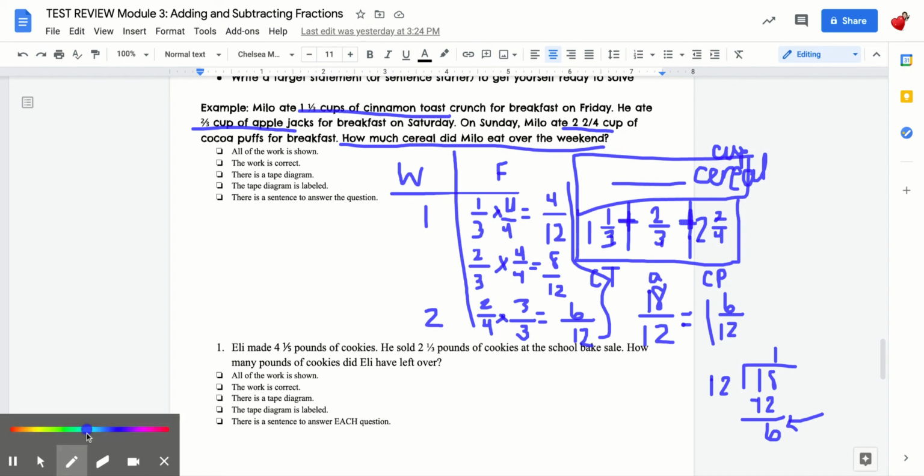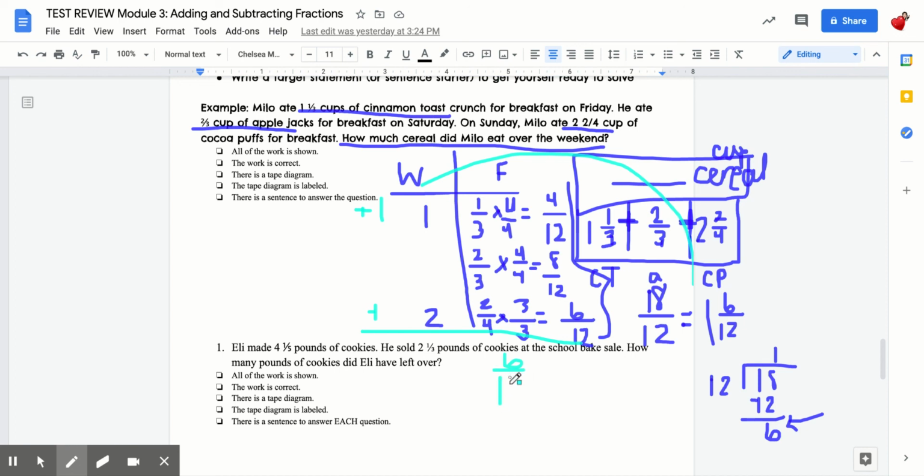So now this is where we can carry over our 1, and don't forget that we were adding here. And then our 6/12 will get dropped down below here because we'll keep our fraction just the same. And then we'll add our wholes. So 4 6/12, and I know 6 is half of 12, so this could also be 4 1/2.